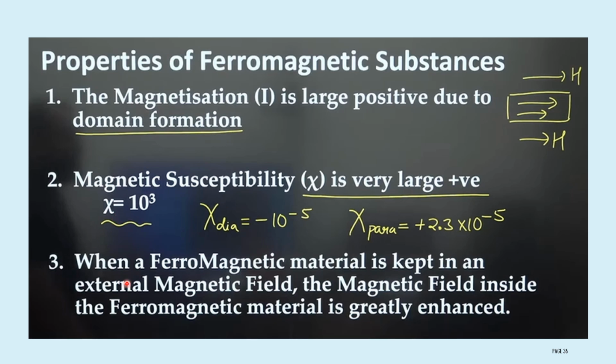Third point, when a ferromagnetic material is kept in an external magnetic field, the magnetic field inside the ferromagnetic material is greatly enhanced. If you apply an external magnetic field, the magnetic field inside the ferromagnetic material will be more compared to the external magnetic field.